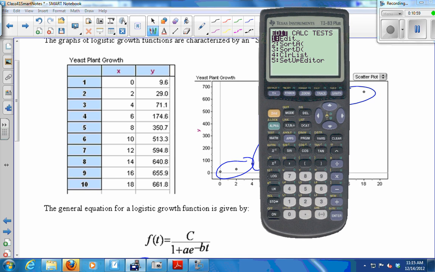So go to Stat, Edit, clear our lists, and put in the X and Y data.